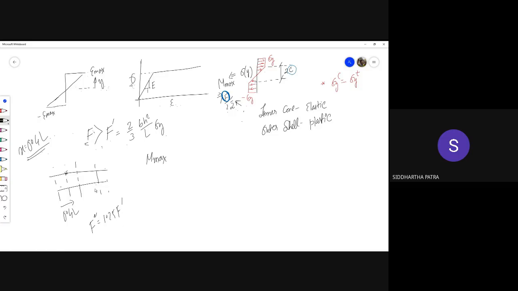Now, I'm not doing all of that. I'm simply considering the middle cross section. Now, in the middle cross section, the bending moment expression is this, and that must equate to the integration of sigma y dA over the area.